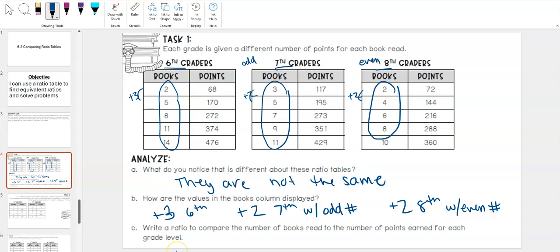The last thing we're going to do is write a ratio to compare the number of books read to the number of points earned for each grade level. That is really trying to find a unit rate, because I want to know how many points for one book.